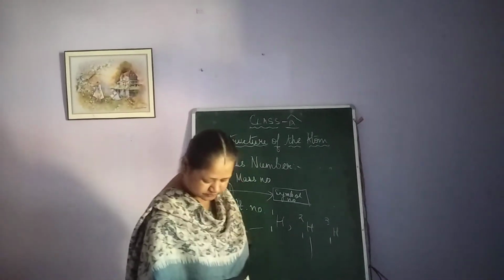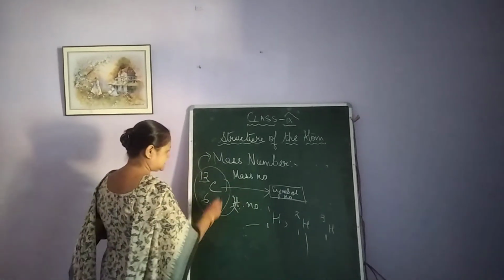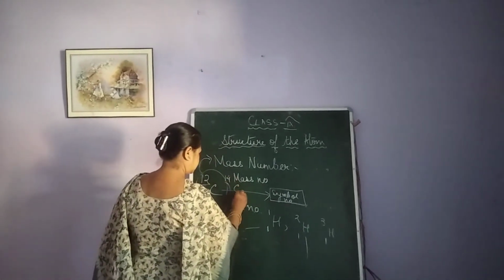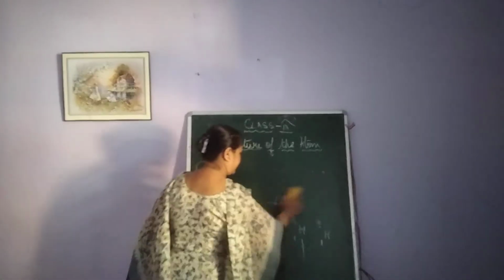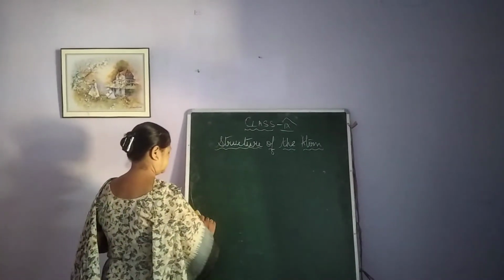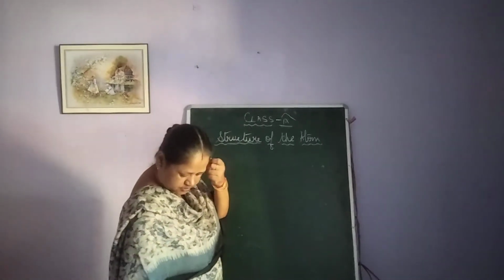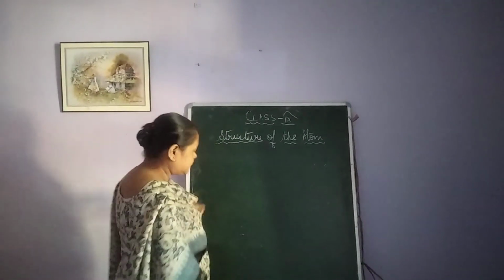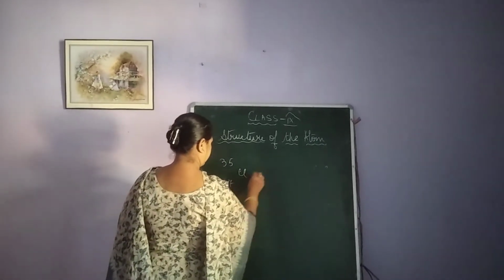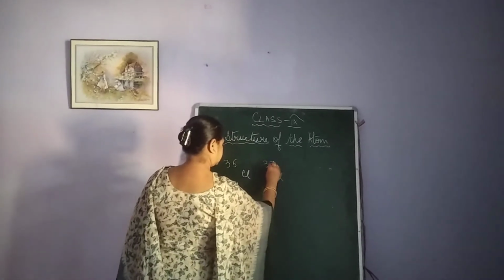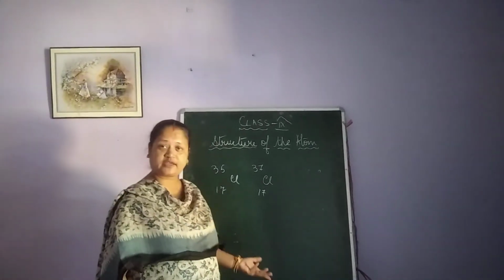So that explains the isotopes. In fact, for carbon also we have 12C6 and 14C6, right? And for chlorine we have 35Cl17 and 37Cl17. How do you actually find out the mass number?